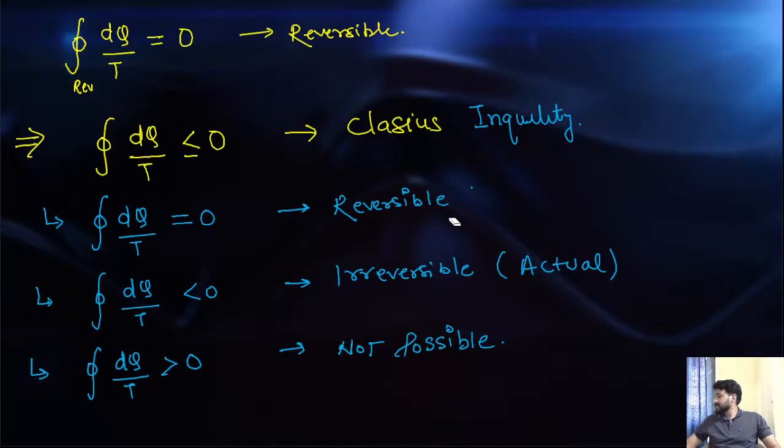So through the Clausius inequality, we got to know that the cyclic integral of dq over dT cannot be greater than 0. This is not possible at all. It is less than 0 for the actual, and if we take everything ideal, then it can be 0. That's it, nothing else.